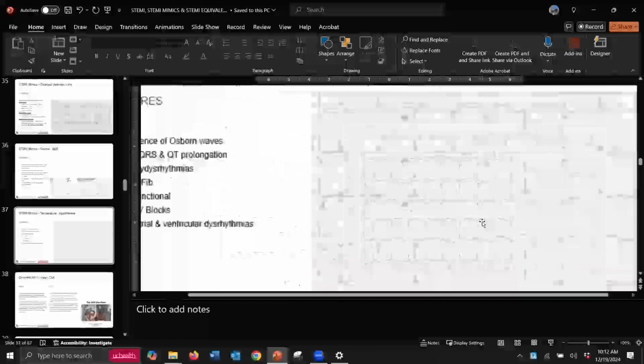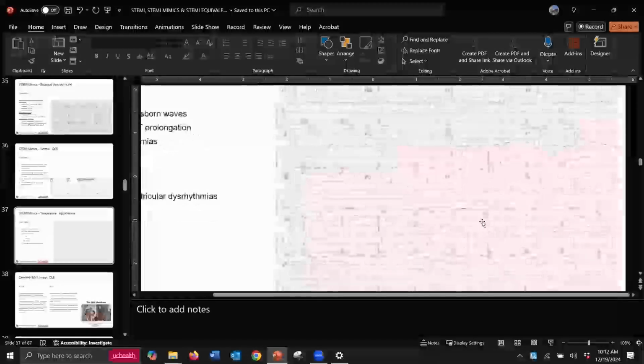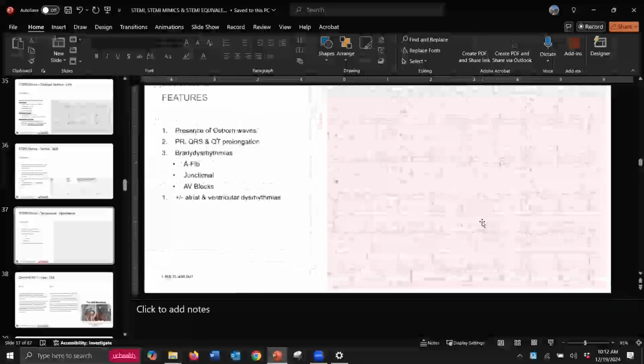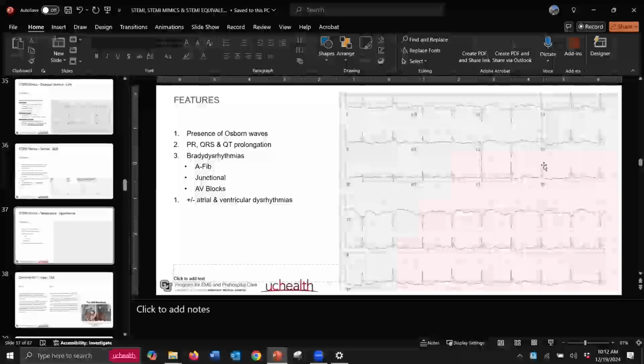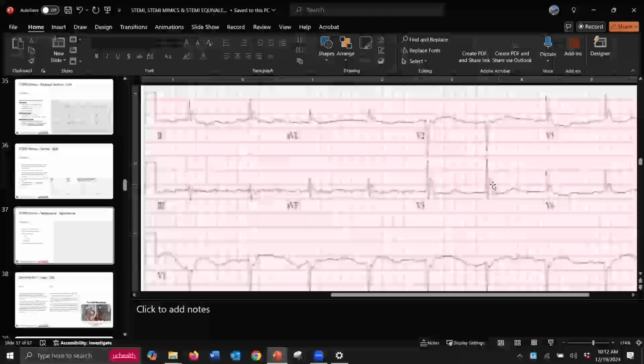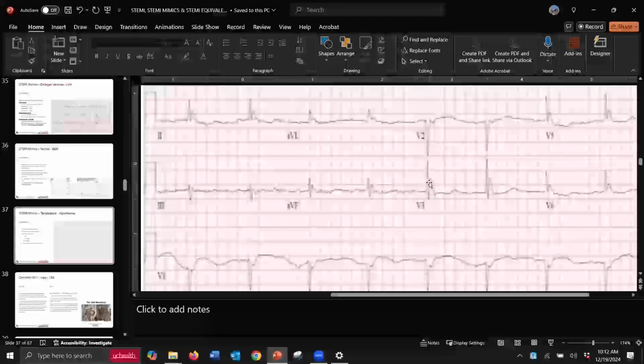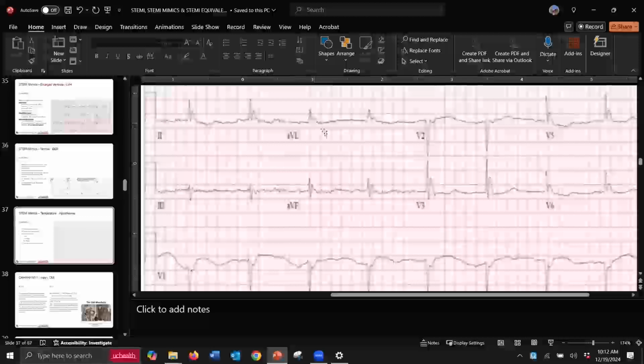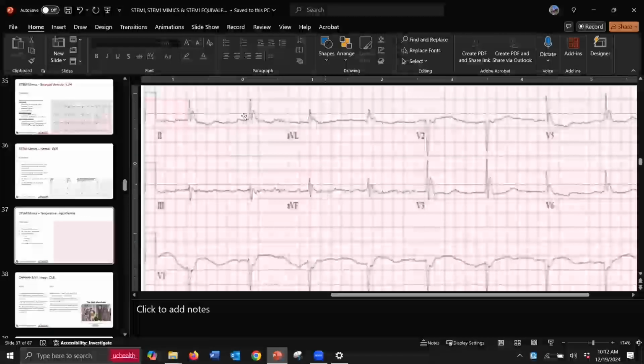Hypothermia, quick one about hypothermia. It can be anything. You can have ST elevation or not. One of the classic signs, if you look at this, is this Osborne wave right here. And it happens typically in the anterior leads of the precordial leads. We see it here in lead 2, arguably aVL, but it's a little bit more difficult to differentiate.